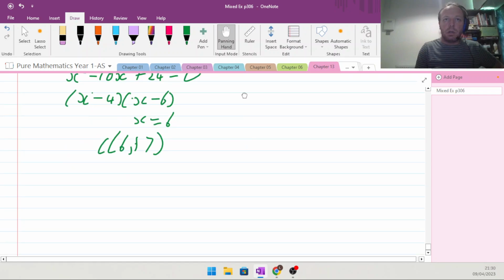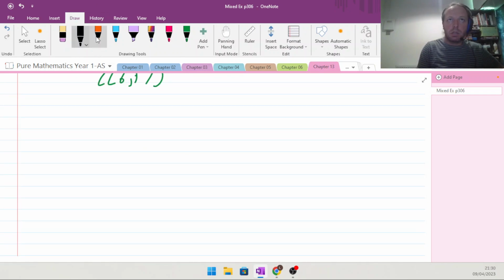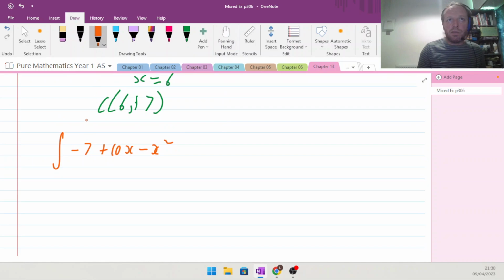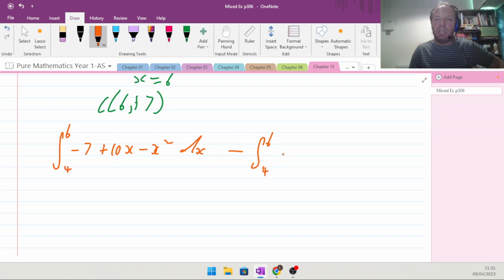So, last bit, we want to integrate minus 7 plus 10x minus x squared between the bounds of 4 and 6, and then take away the integral between 4 and 6 of 17 dx, i.e. the line AC.